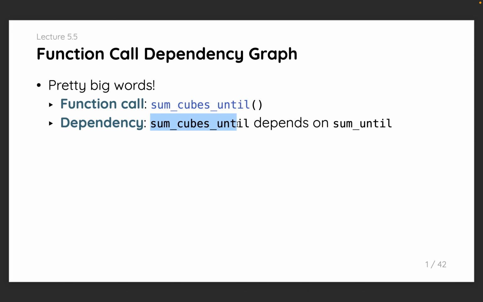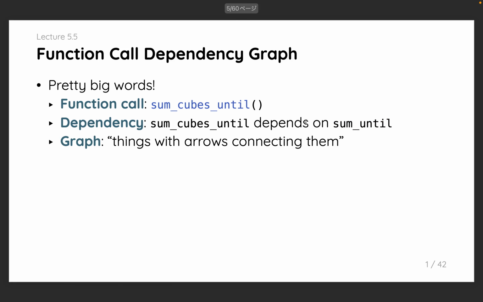So here's sum of cubes until, we say that it depends on sum until. So remember when we had our composition example, in order to express sum of cubes until, we just squared the call to sum until. So that's why sum cubes until depends on sum until. And the last word here is a graph.